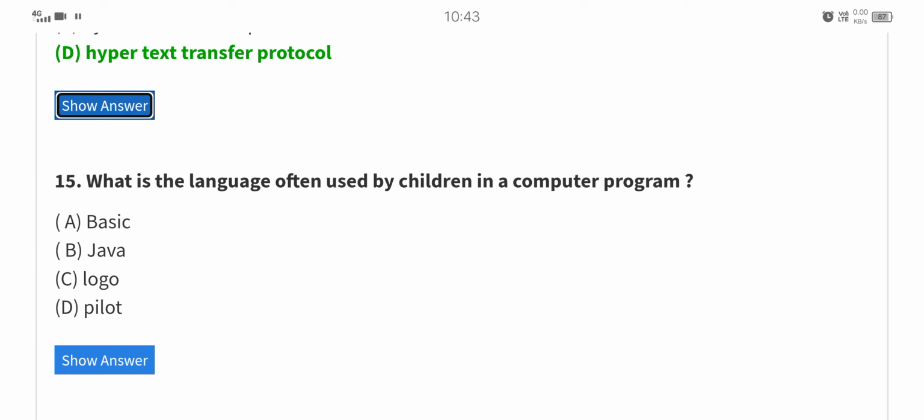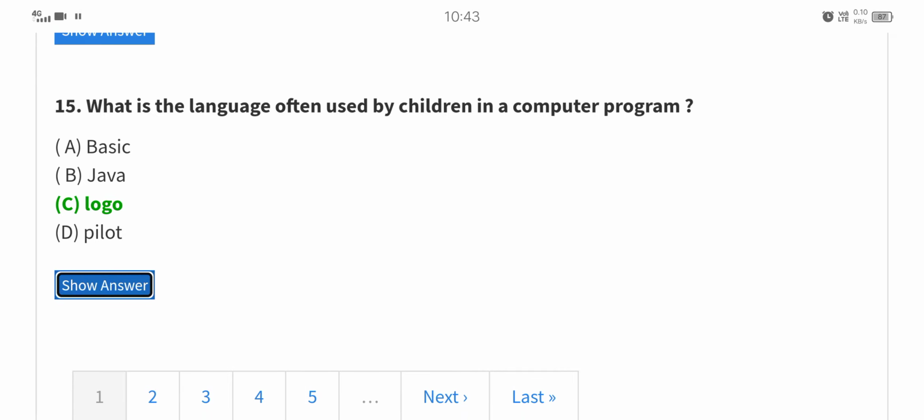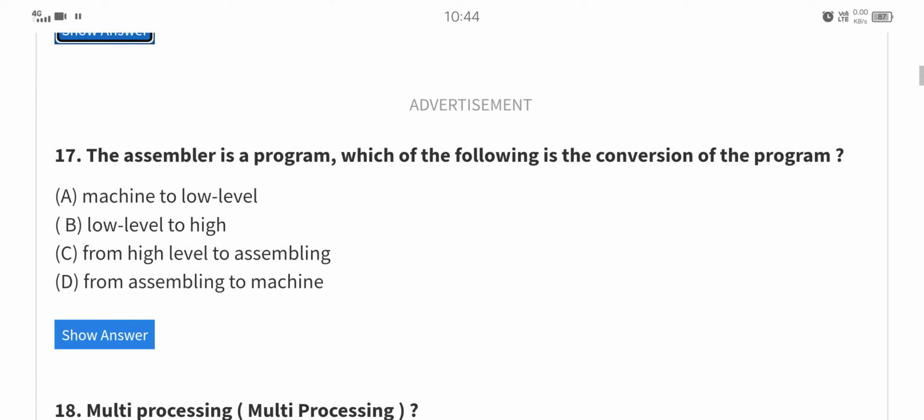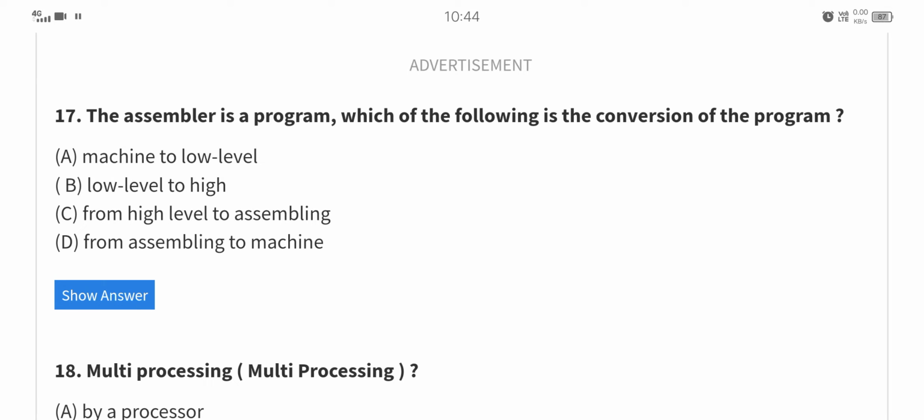What is the language often used by children in a computer program? Logo. What is a small personal computer that is small enough to be placed on your lap? Notebook computer. The assembler is a program.